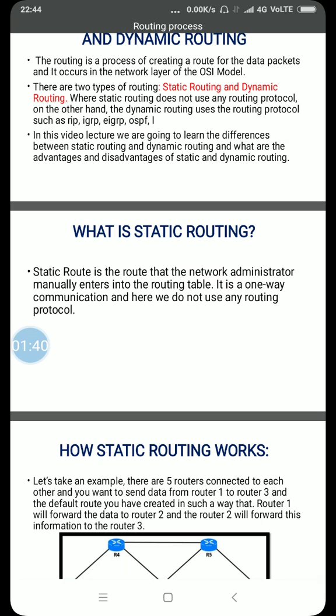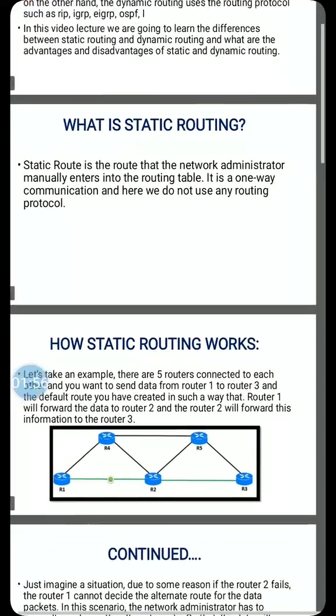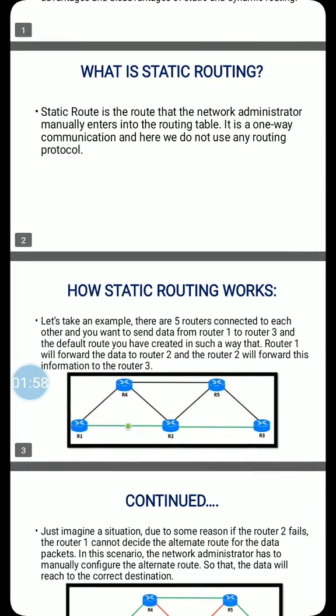A static route is the route that the network administrator manually enters into the routing table. It is a one-way communication and here we do not use any routing protocol. That is the main important thing which is involved in static routing.